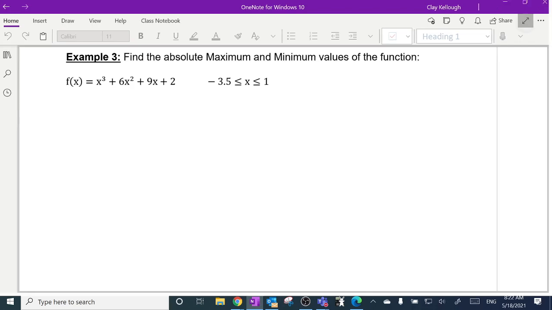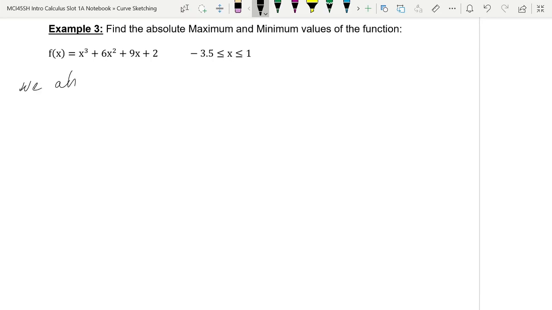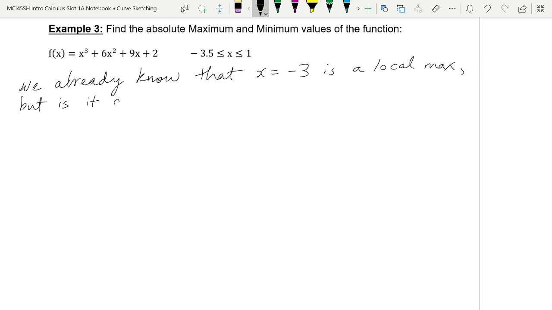So putting this into a more notes-like form, we already know that x equals -3 is a local max, but is it an absolute max?